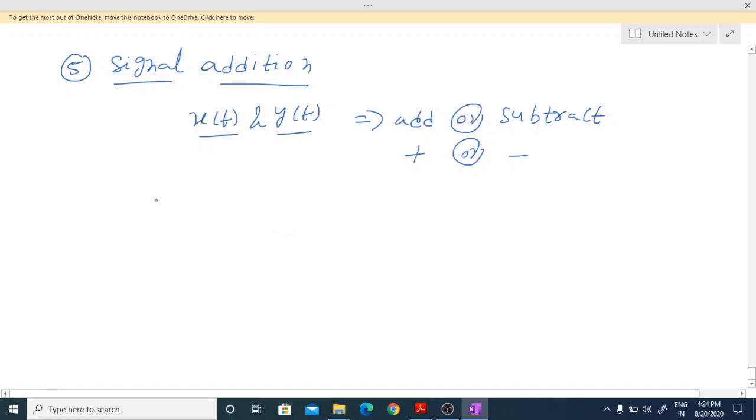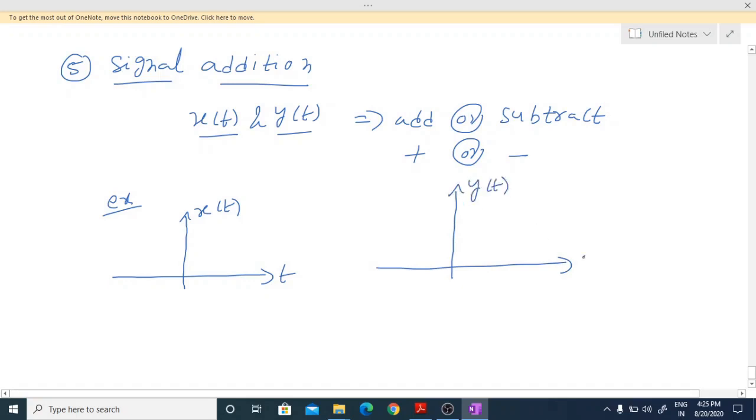So let us consider an example. If I have two signals, the first signal is x of t and the second signal is y of t. Here I just consider the t values 0, 1, 2.